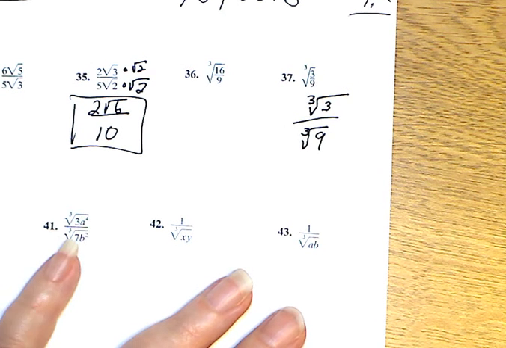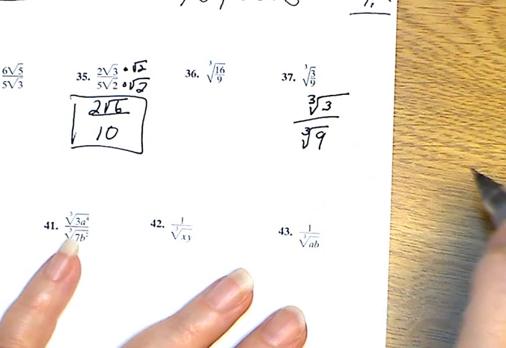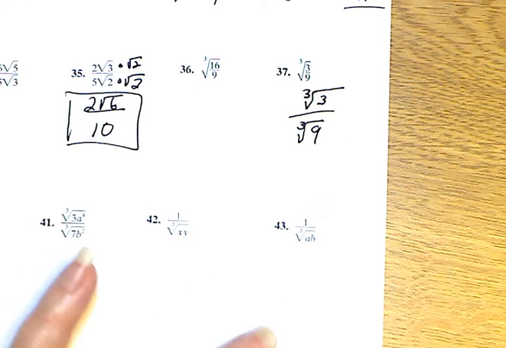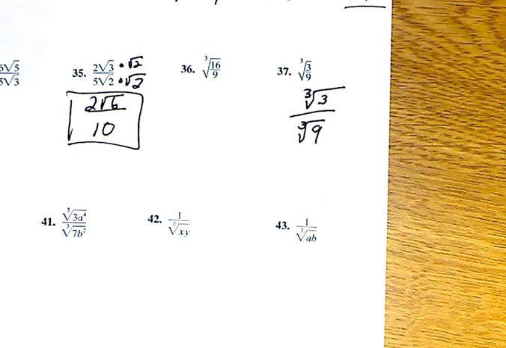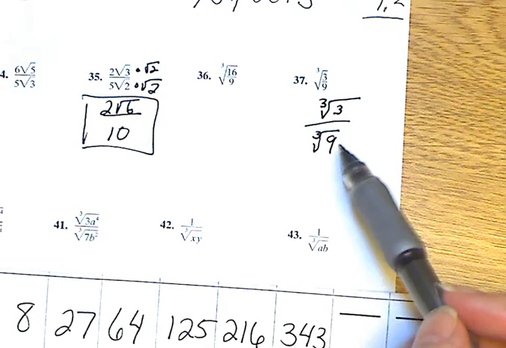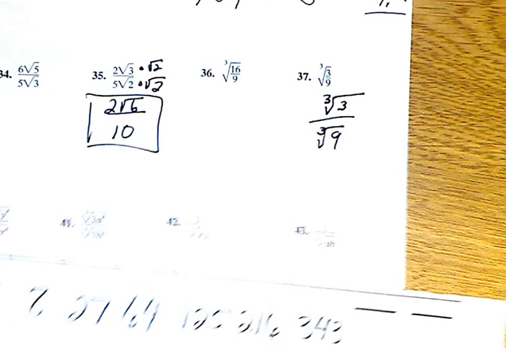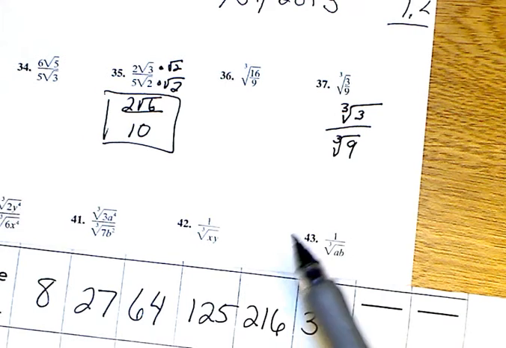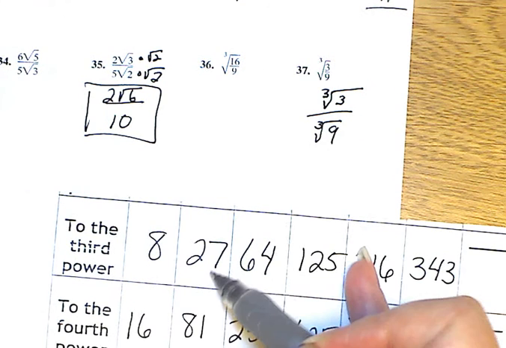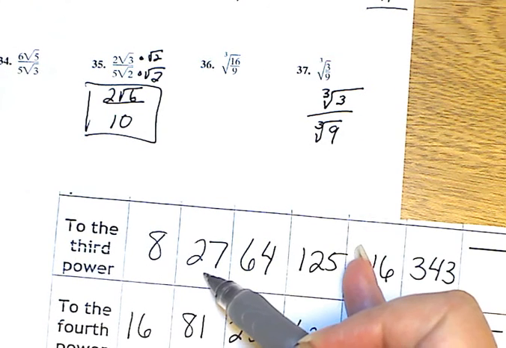We have the cube root of 9, so we want to find a perfect cube. So which one does 9 go into? 27. So what are we going to multiply the top and bottom by? The cube root of 3.